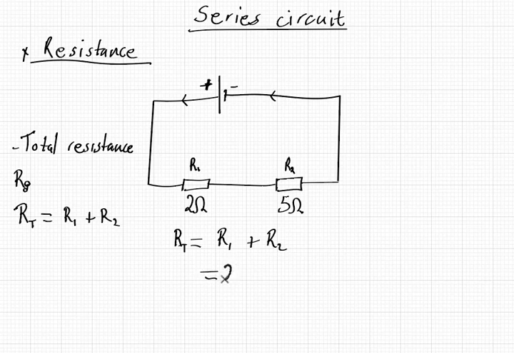What do we get? 2 ohms plus 5 ohms. So RT will be 7 ohms. This is how we do it.